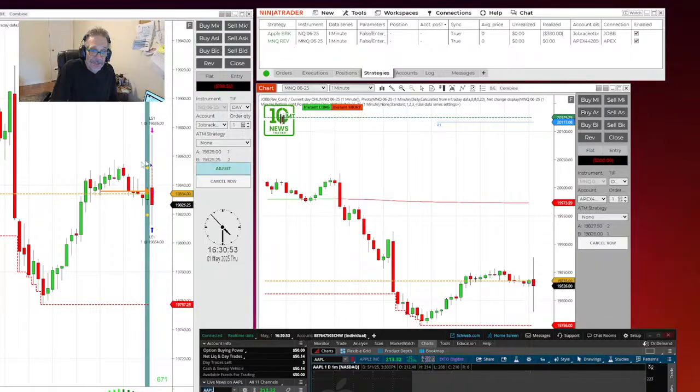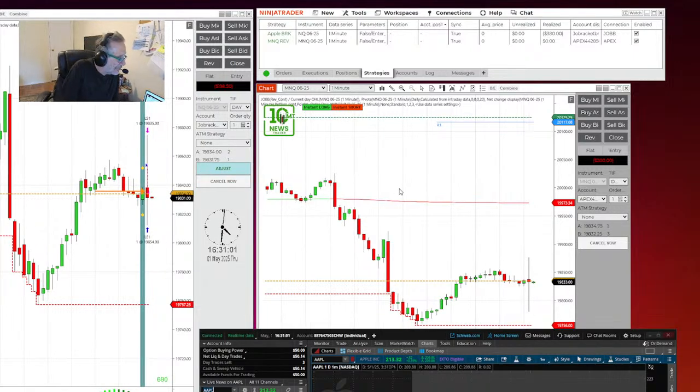But you could see there's a lot of indecision in how the market is reading this data they're releasing. So I would be extremely careful about what you do. I don't know that the market's convinced on direction yet. Right now it's looking stronger down, but I'm not jumping in yet.